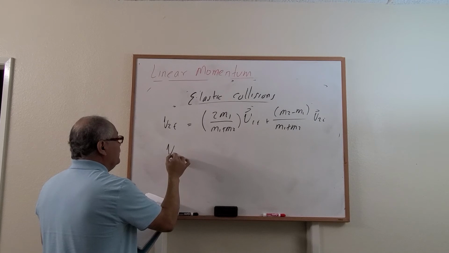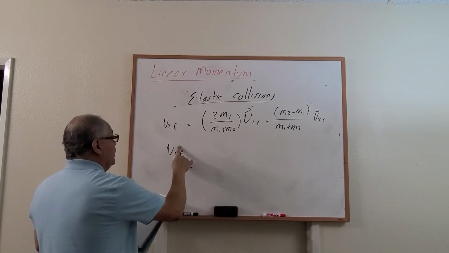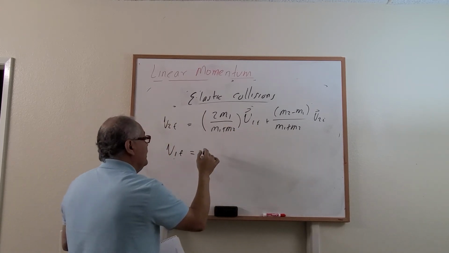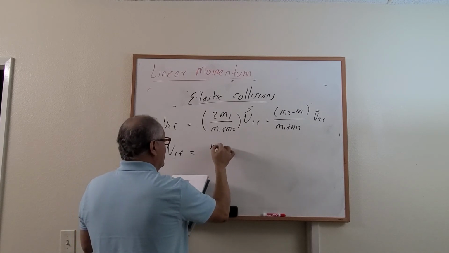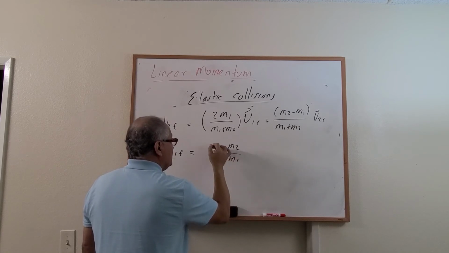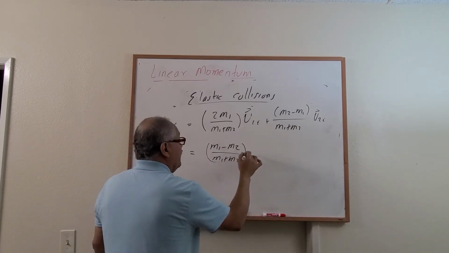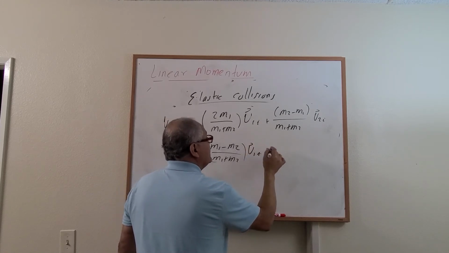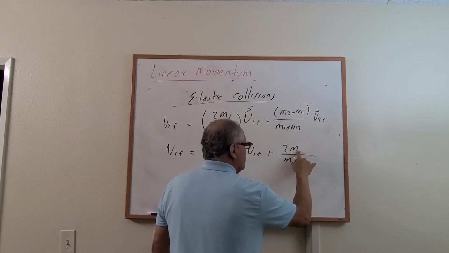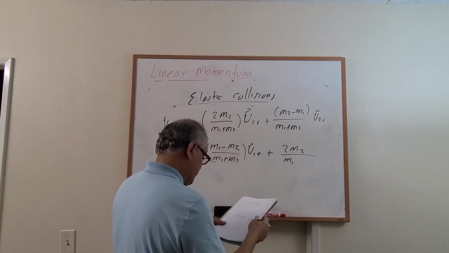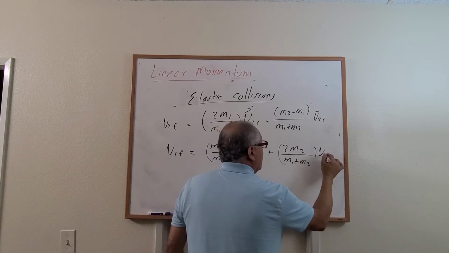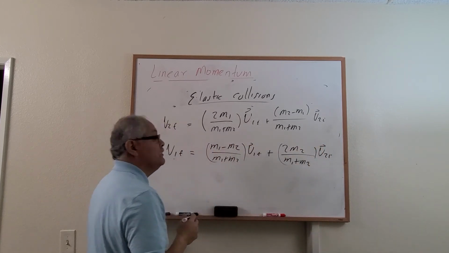The same for the final velocity of particle 2, we switch them: (m1 minus m2) over (m1 plus m2) times v initial 1, plus 2m1 over (m1 plus m2) times the initial velocity of particle 2.